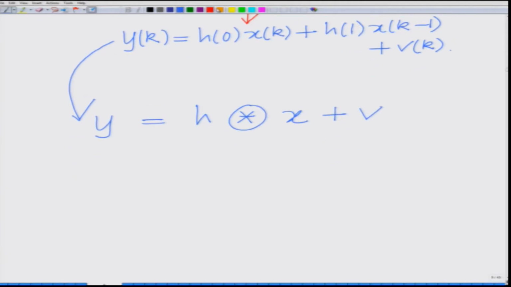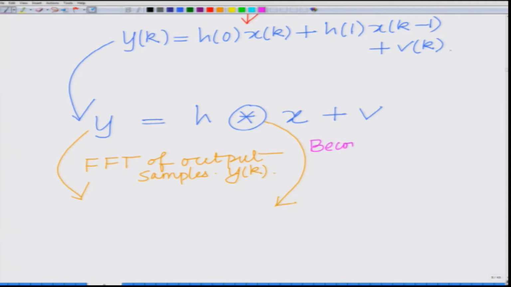Okay. Now, once you take the FFT of the output samples y, this circular convolution becomes multiplication in the FFT or the frequency domain.